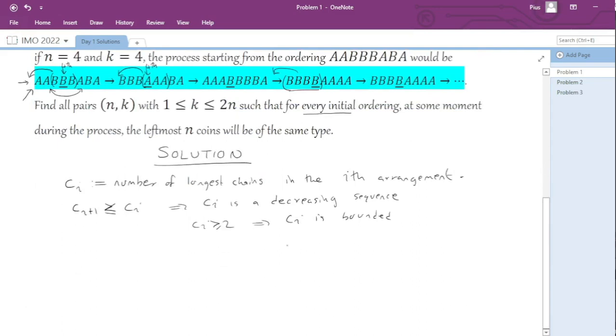And since we are dealing with discrete sets, it means that Ci tends to some integer greater than or equal to 2 as i tends to infinity, right? So the essence of this is that there's going to be a value i naught such that C_i naught is equal to C and Ci is equal to C for every subsequent i.